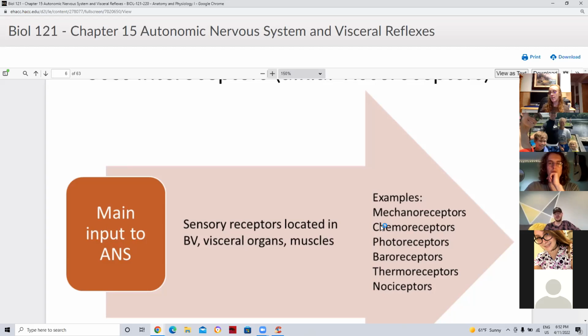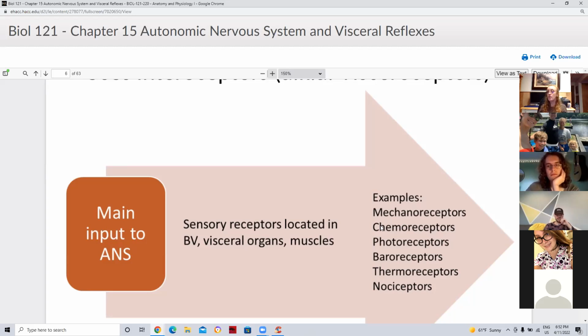Chemoreceptors are going to have ligands that bind to them. For example, those would be found in your nose and in your mouth. Photoreceptors respond to light. What are baroreceptors? We've talked about this before. Pressure receptors. I like to think of a barometer, which measures pressure, so it's a receptor that's measuring pressure.